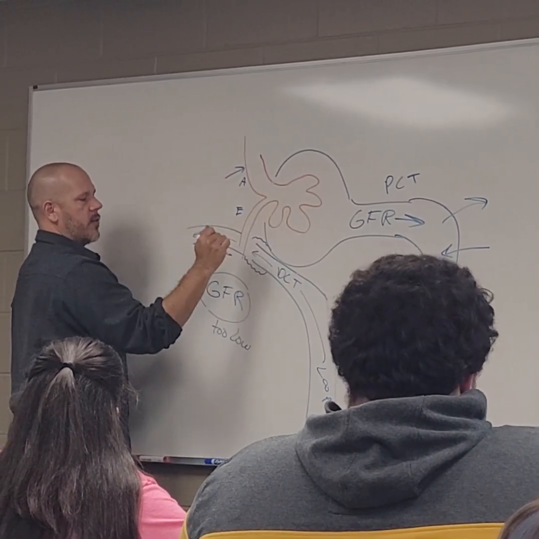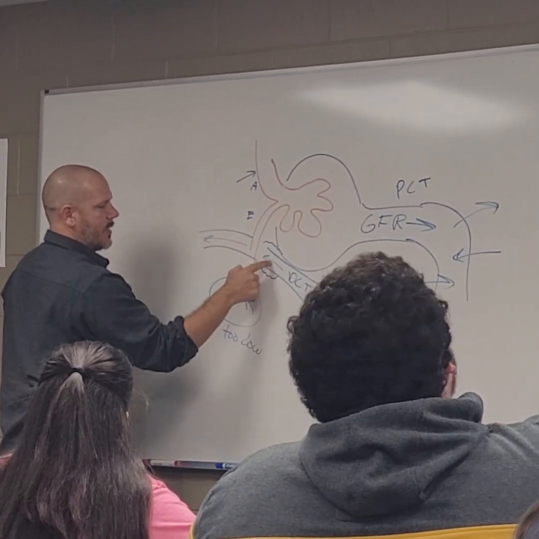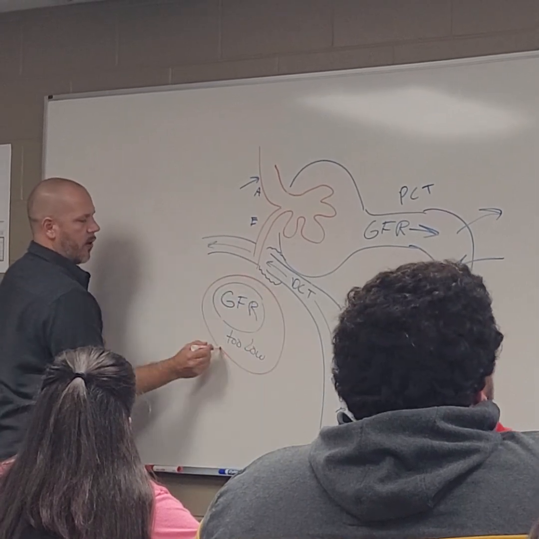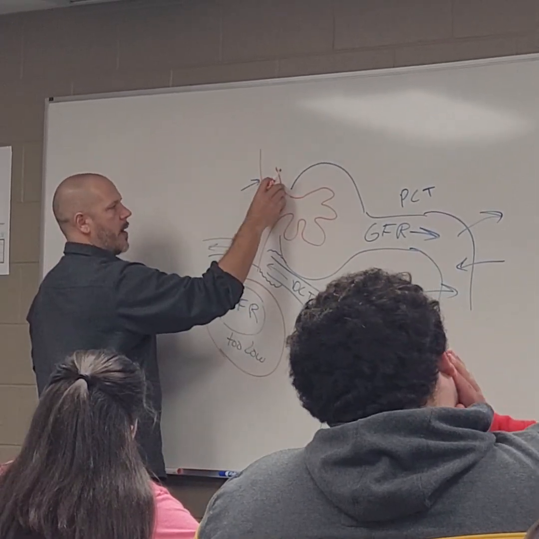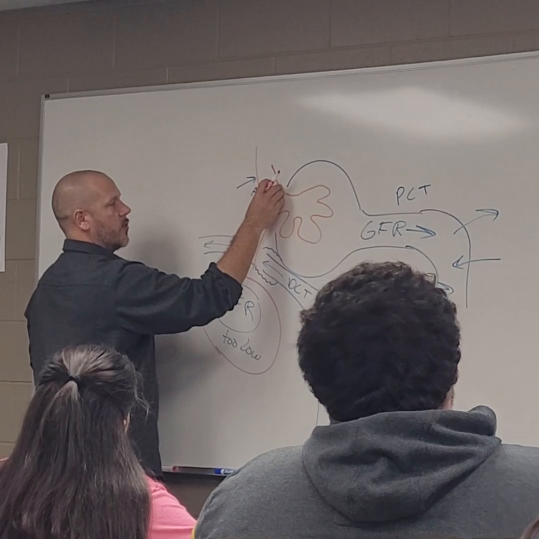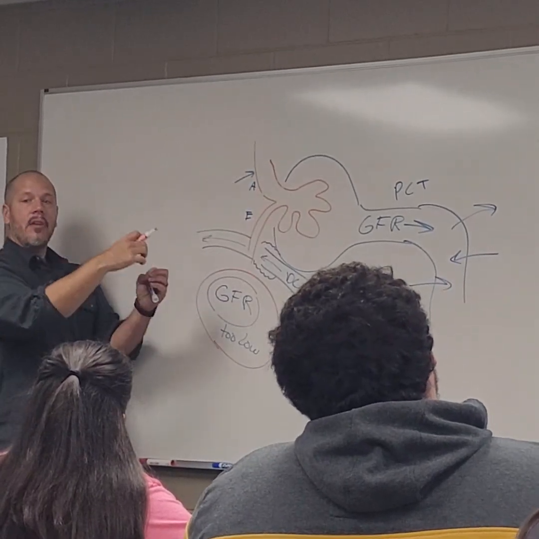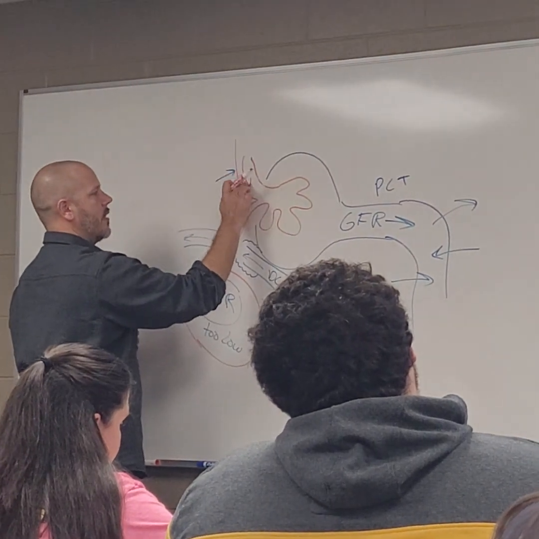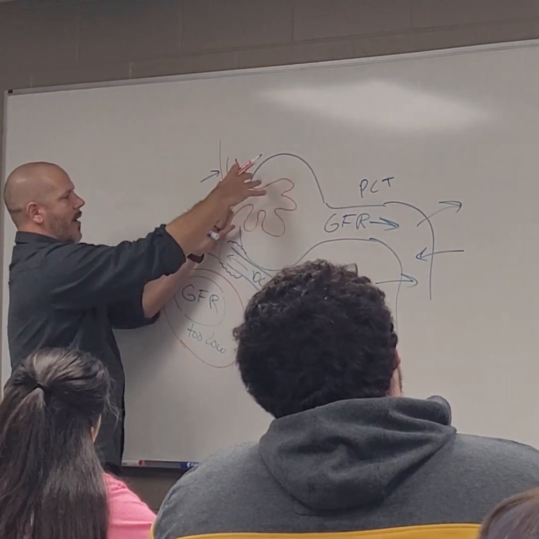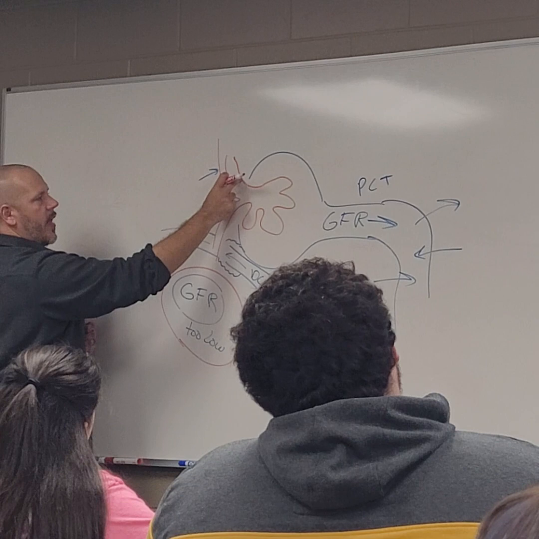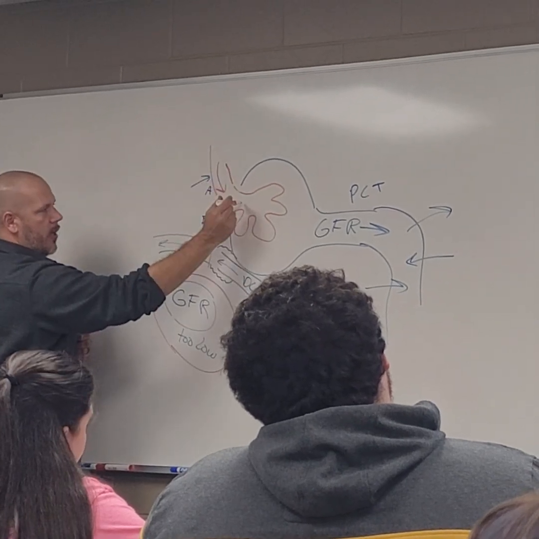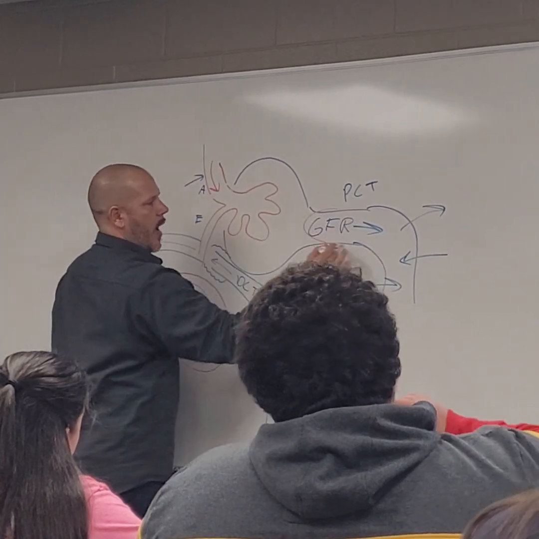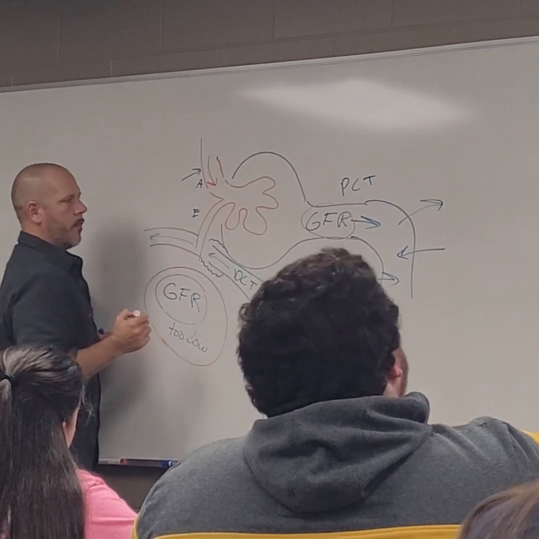The take-home message here is that if I detect too low of a GFR, I want to make sure that my afferent blood vessel dilates, that I increase the diameter of it. And we just said that if I relax the pressure on that afferent arteriole, I'll get more inflow, and therefore I will get more GFR.